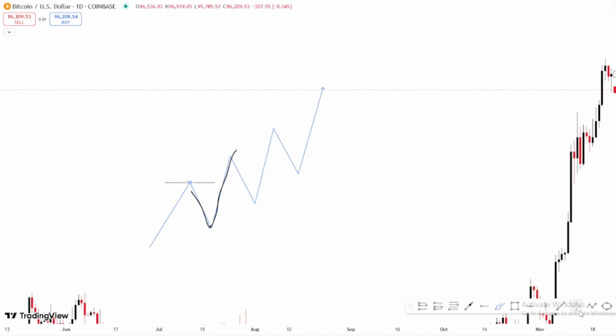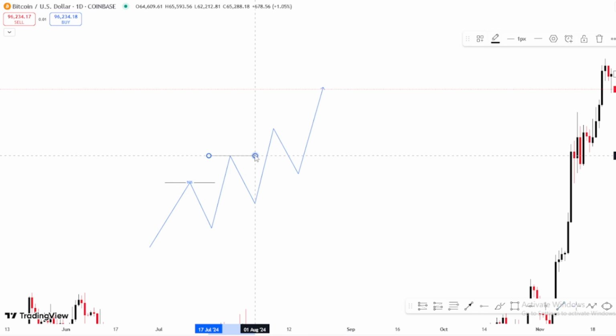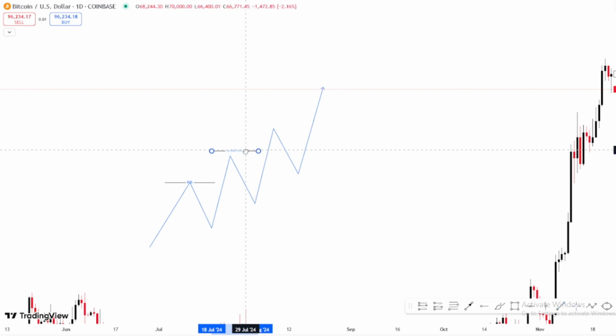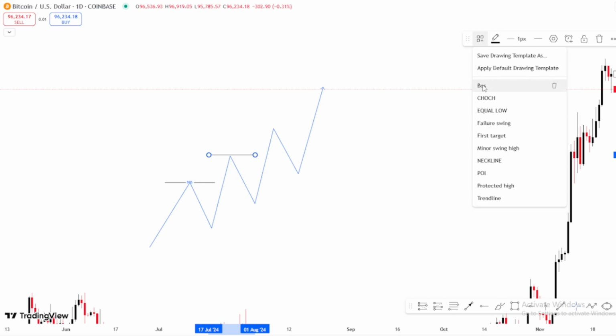If this happens, we say it's a valid break of structure. We just want to see price push up and the whole body of the candle cross above this previous high. You can see this is also a break of structure. That's a valid one, with the whole body of the candle crossing and closing above that high.